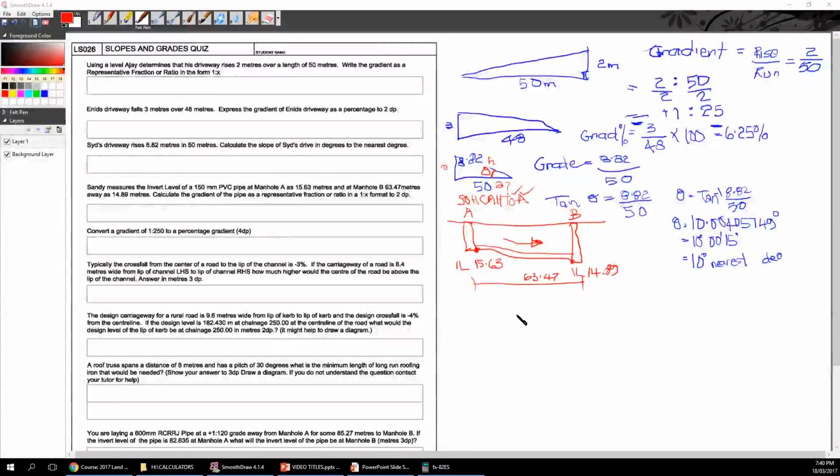Okay, so rise over run, gradient or grade.